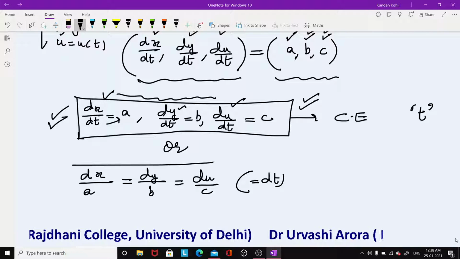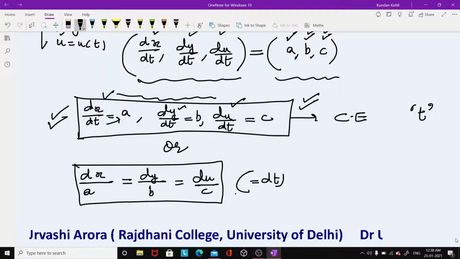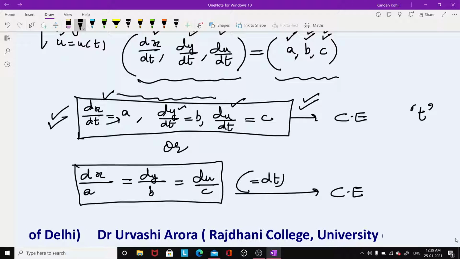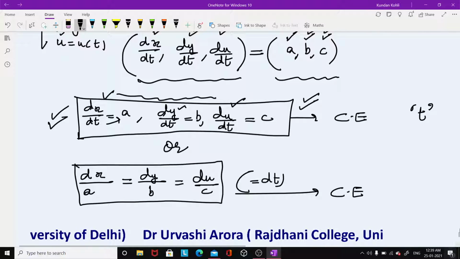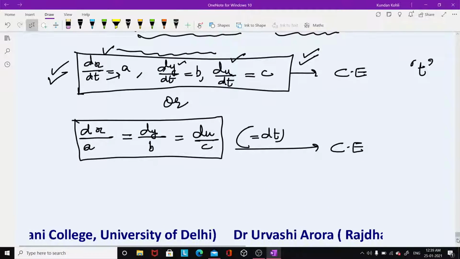This form is the non-parametric form of characteristic equations, because t is not appearing over here. So these are the equations of characteristics or characteristic equations.